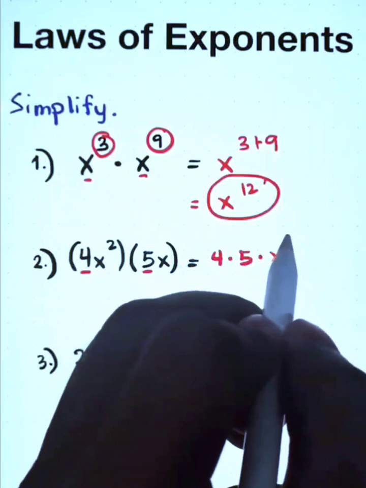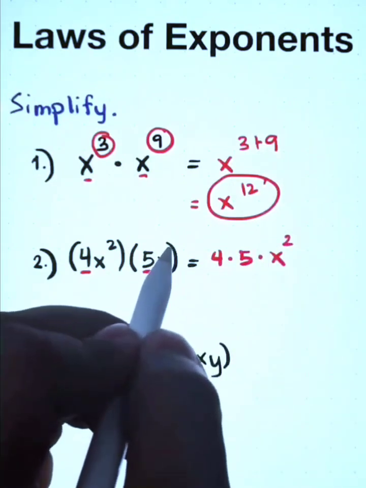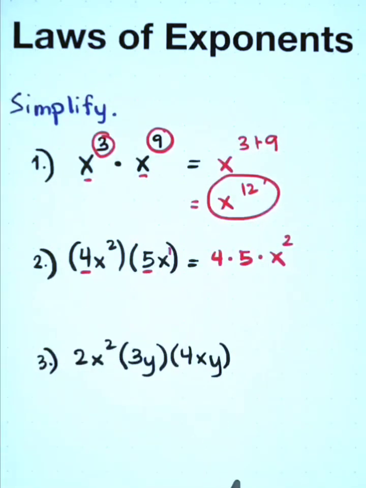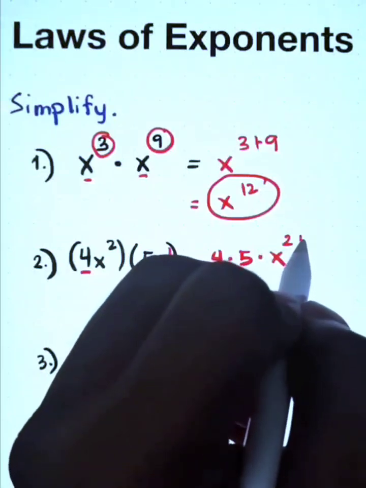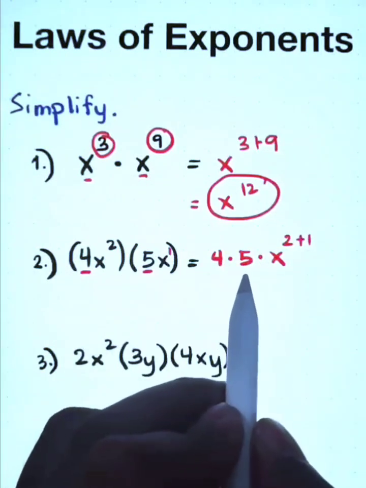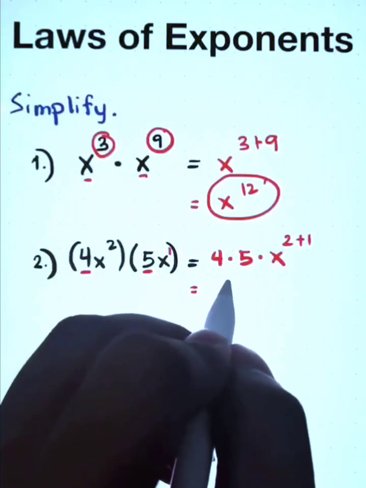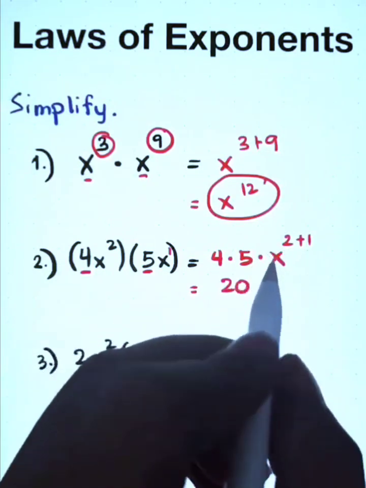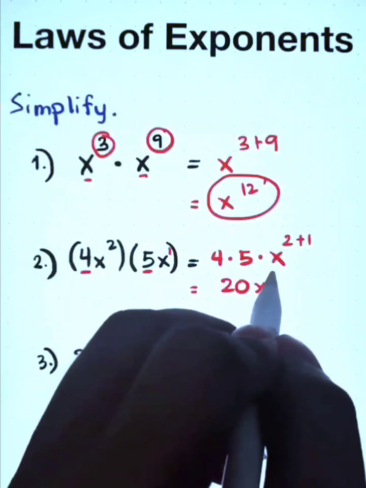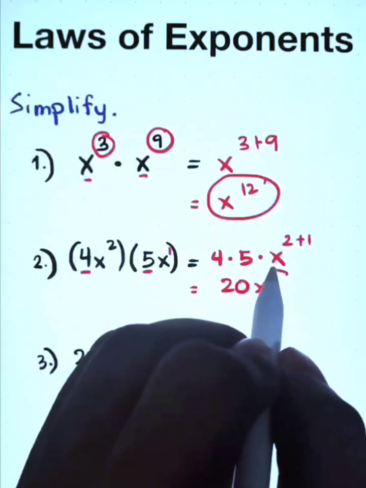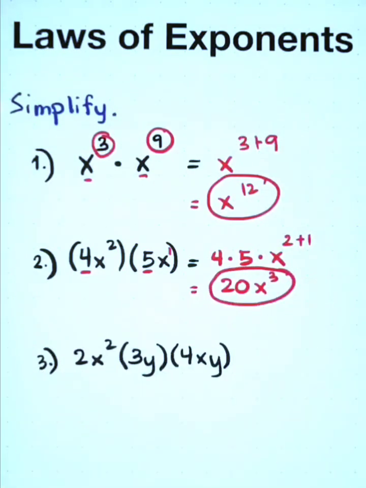This is 2. Add exponents, and we have here an invisible 1, so that is plus 1. Simplifying this, this will give us 4 times 5, which is 20. Then for the variable x, that is x raised to the third power. And this is now the product of item number 2.